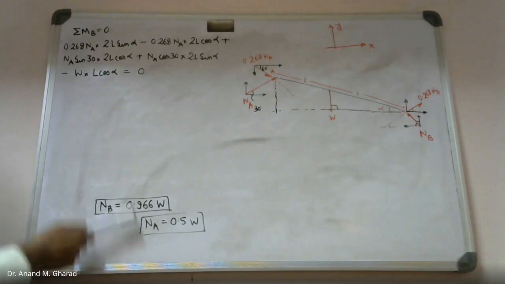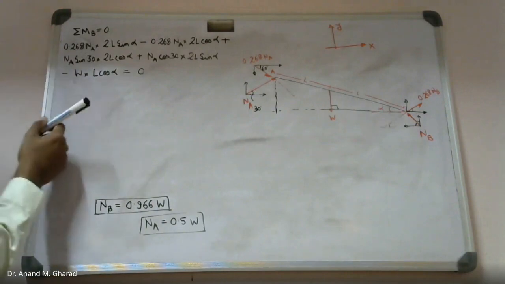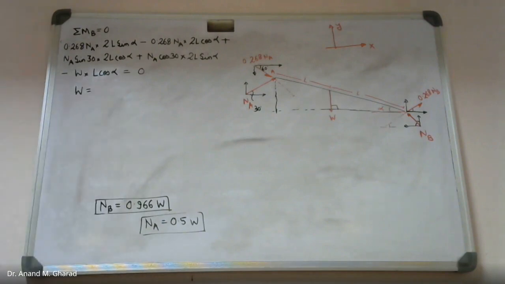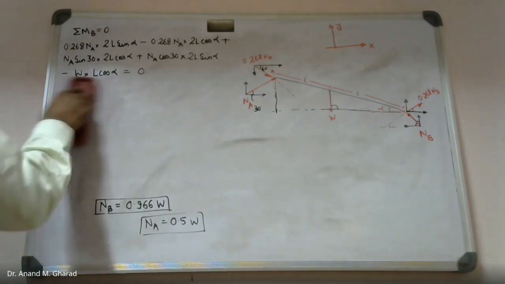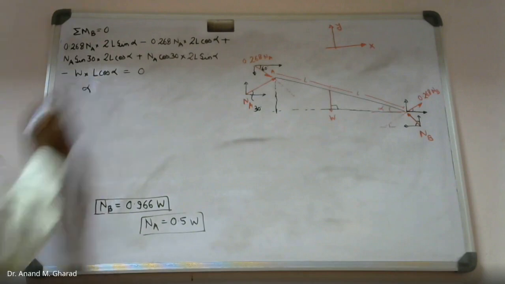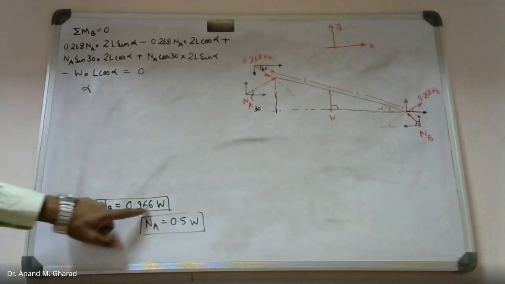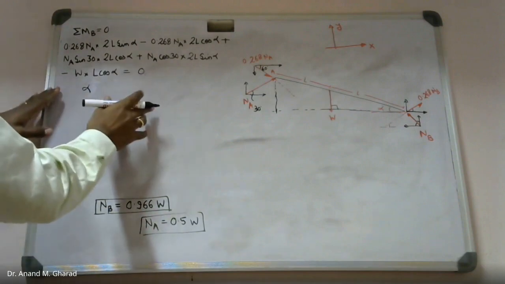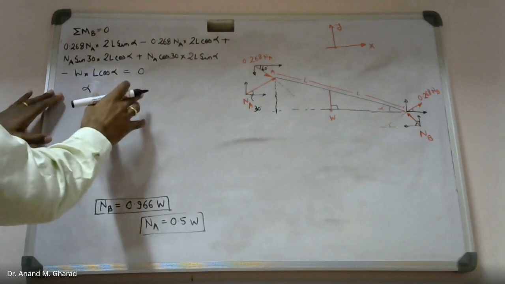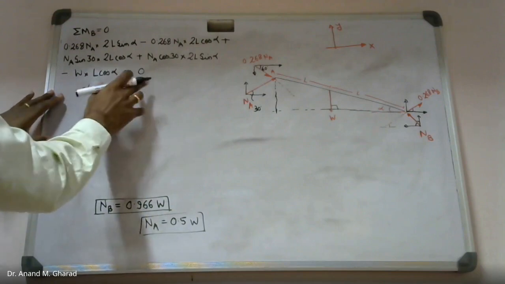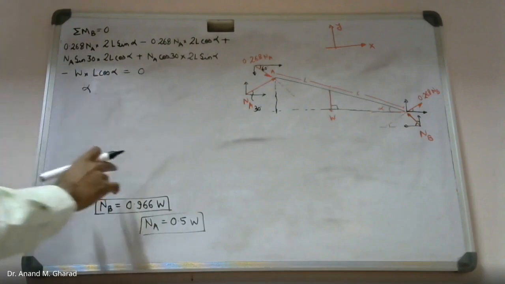You substitute Na and Nb in this equation itself, and you will get the value of alpha, because everything will be in terms of W. You will get the equation in terms of sin alpha and cos alpha, and then you will be in a position to equate them, and from that you will get the tan alpha term.